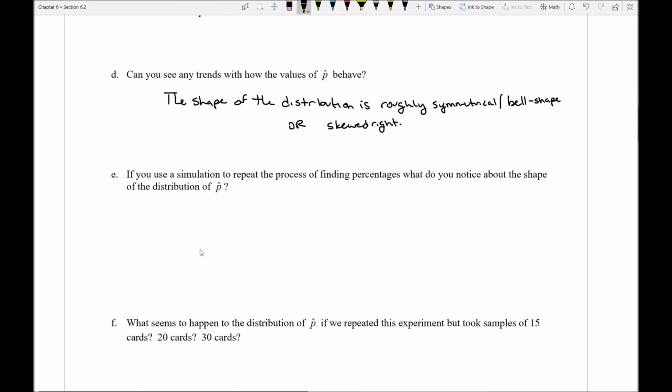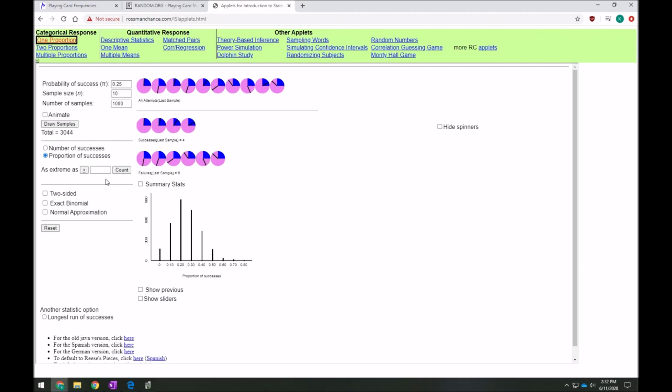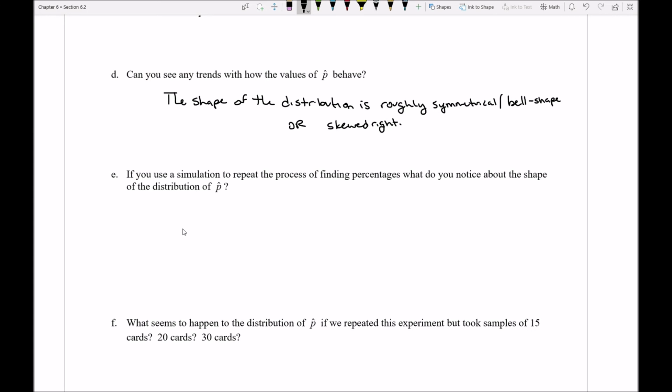Well, what if we were to go ahead and continue to repeat the process? Does the shape begin to change? Well, what I'll see here is that as I continue to do more and more samples, the shape still continues to be pretty much bell-shaped. So I'll write that here.